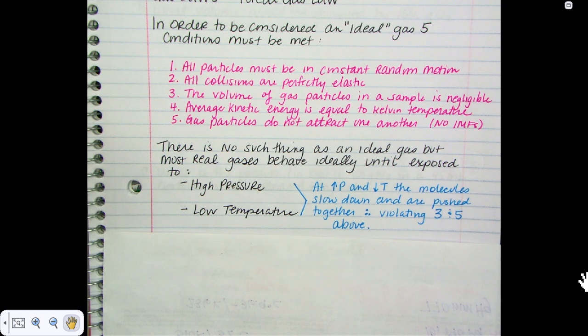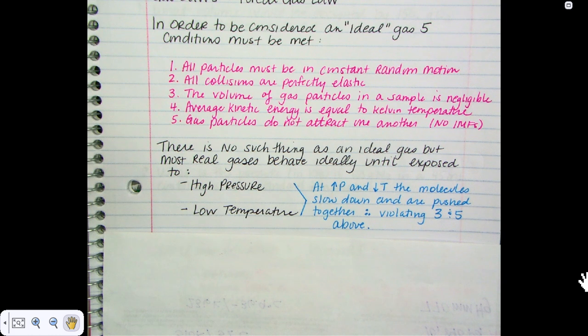For example, if you were to consider a sample of chlorine gas, if I have a large sample of chlorine gas and my particles are moving fast and spread out, the chlorine molecules aren't going to form any of those London dispersion forces. They're zooming past each other way too fast.